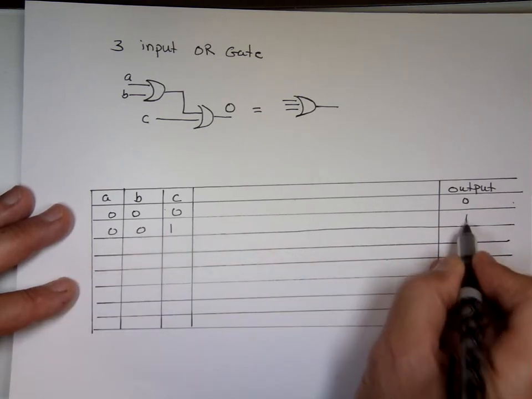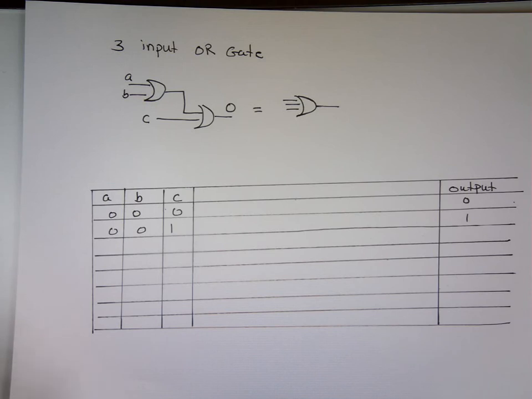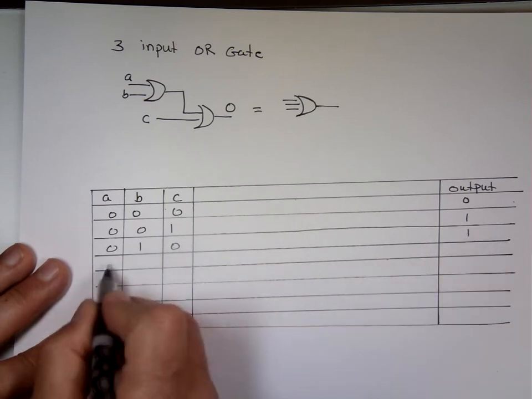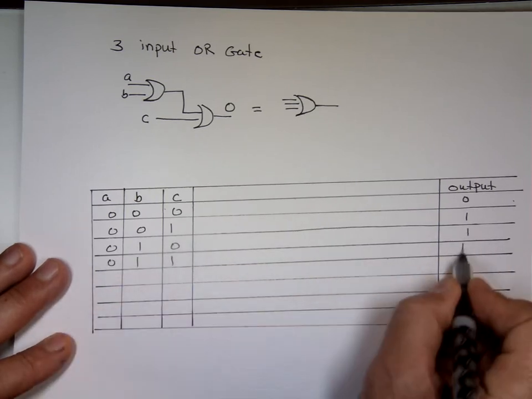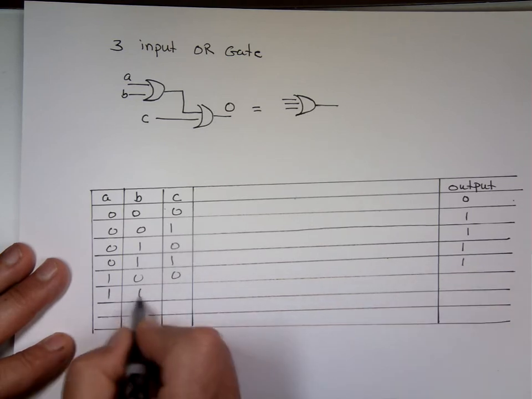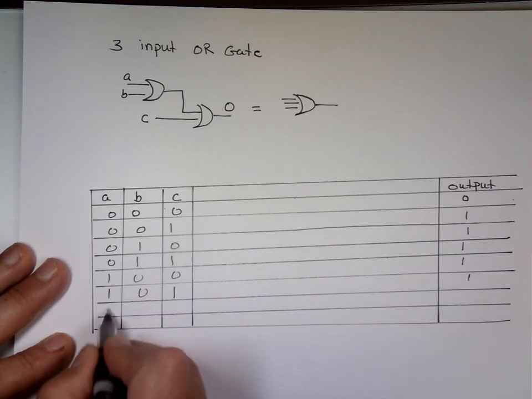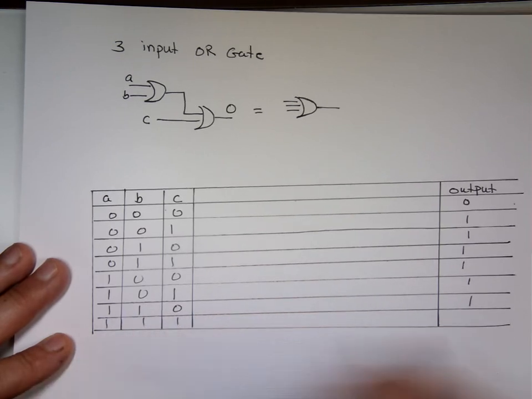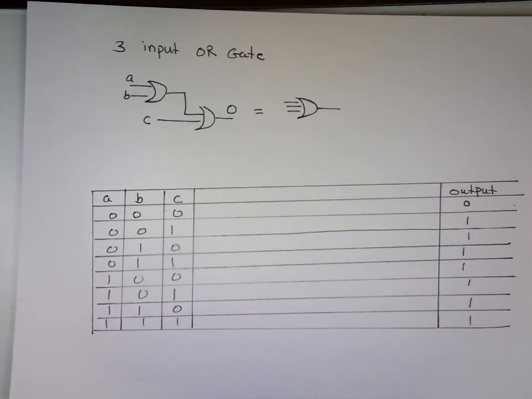T is the dominant. Once one input is 1, the whole thing is 1. 0, 1, 0. 0, 1, 1. 1, 0, 0. 1, 0, 1. 1, 1, 0. And 1, 1, 1. There's all the combinations for 3.